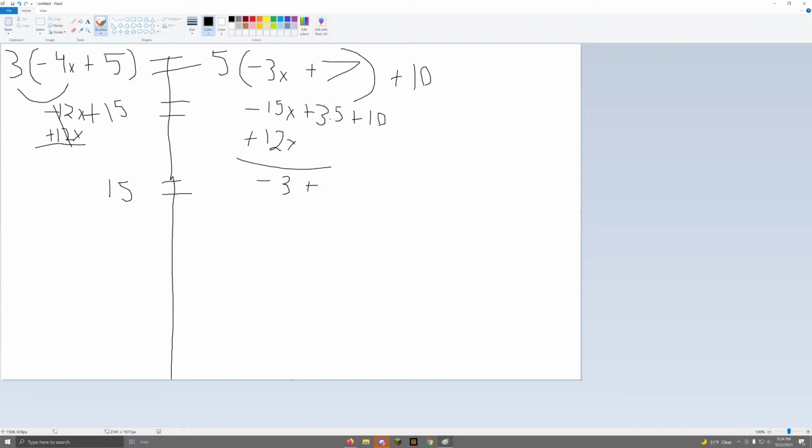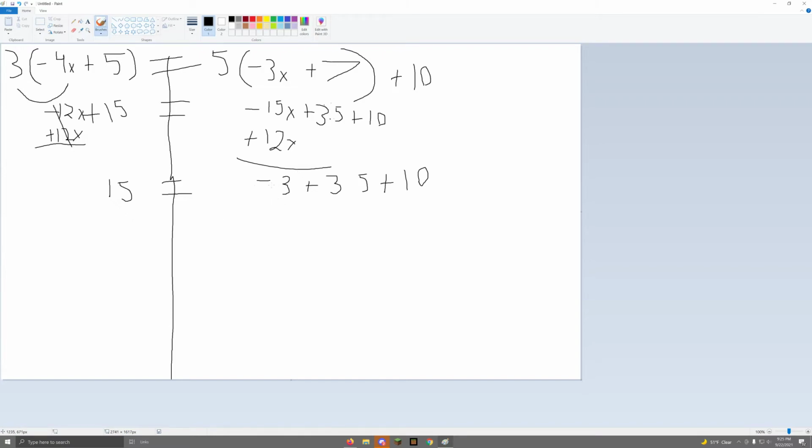So then plus 35 plus 10. All right, now once you have all of this down, you want to combine like terms again. So 15, is there anything else on this side that can go into 15? No. So 15 will just sit by itself at the moment.